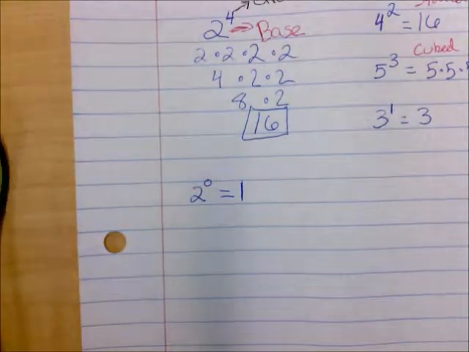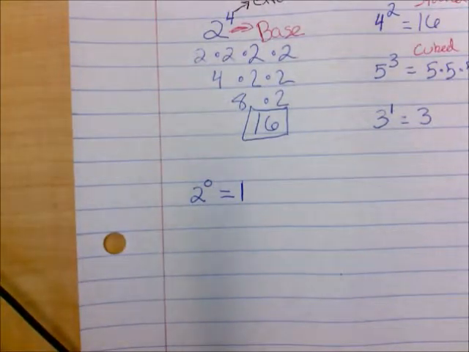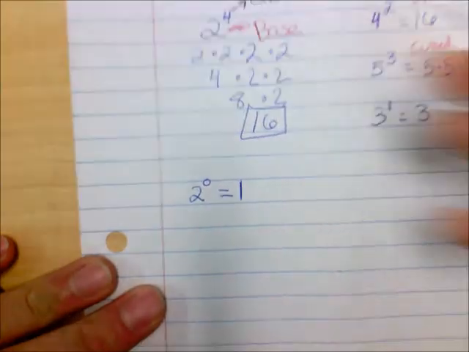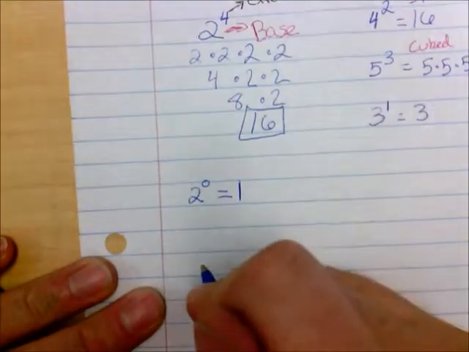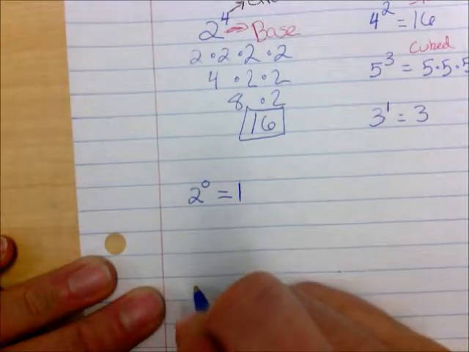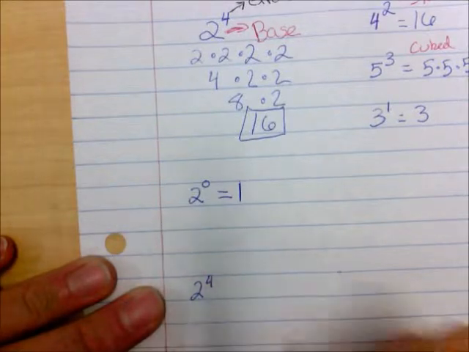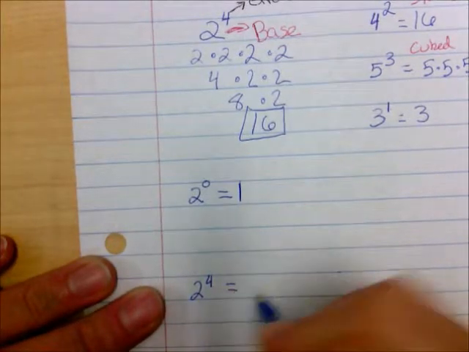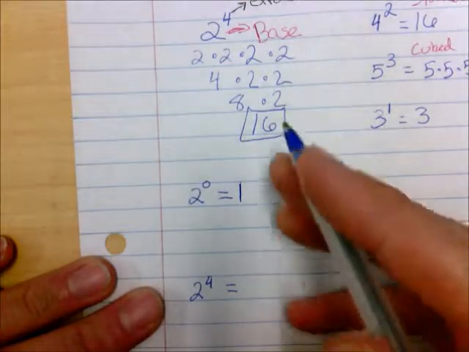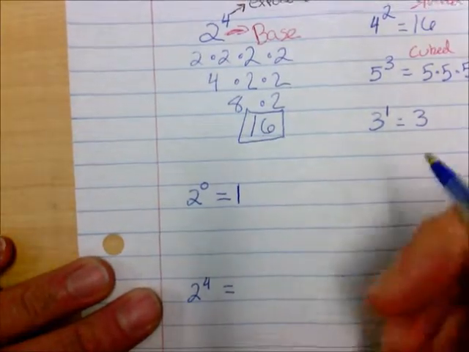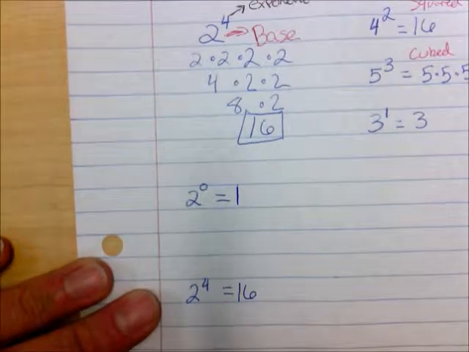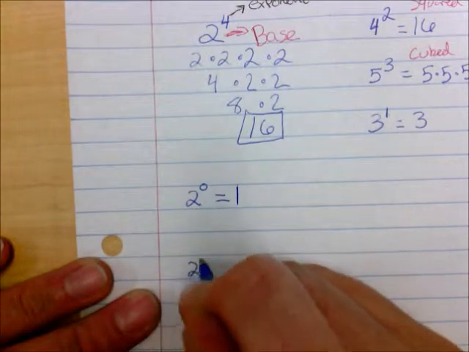And to show you kind of how we get that, I'm going to start off with my 2 to the 4th power again. I'm going to work my way down. 2 to the 4th power we said was 2 times 2 times 2 times 2, which is 16. I'm going to take 2 to the 3rd power.